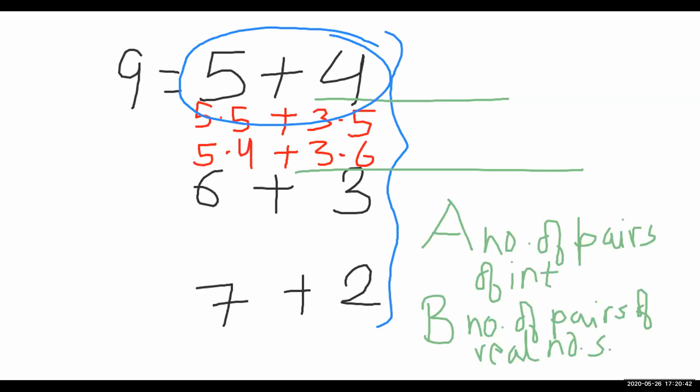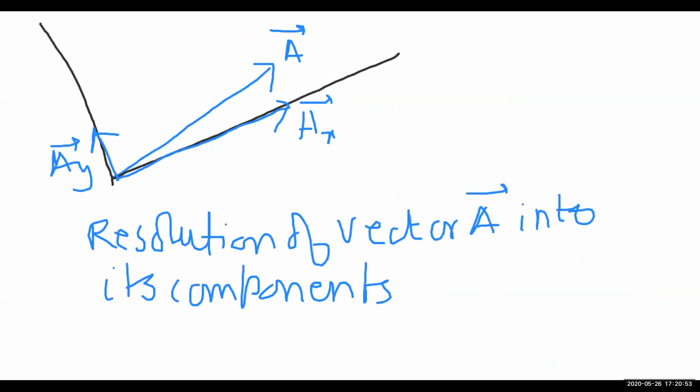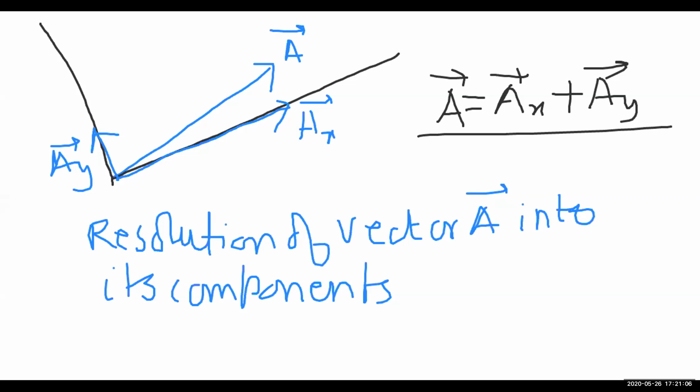So just like in our practical world, we do not express numbers as the sum of two other numbers, it turns out that in the world of vectors, it is always better to express the vector as the sum of two other vectors. Always. We will always express a vector in terms of other vectors, right?